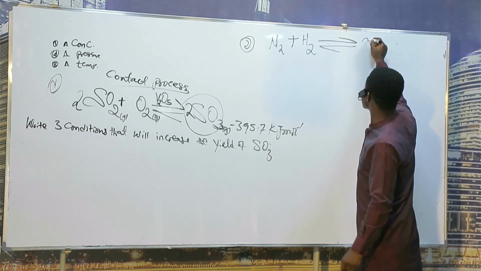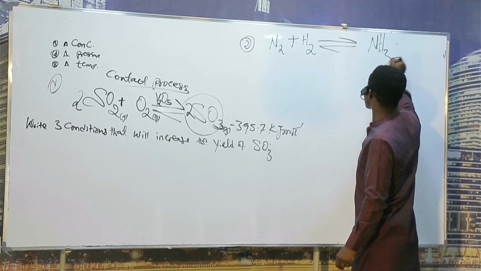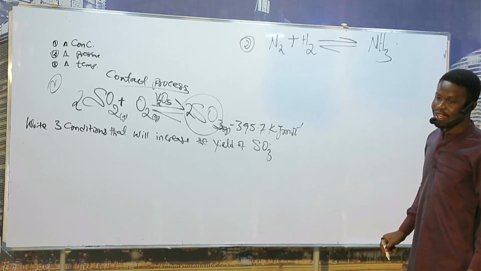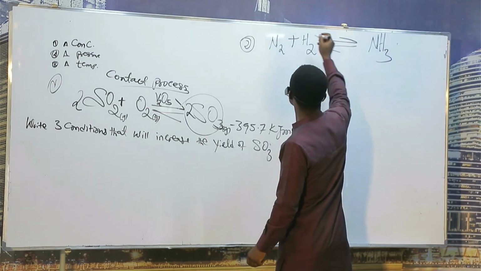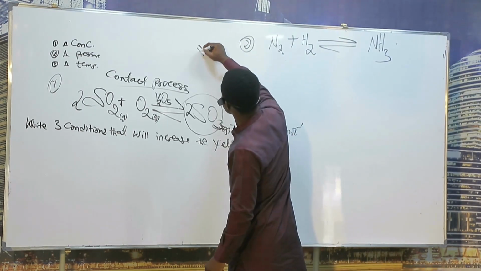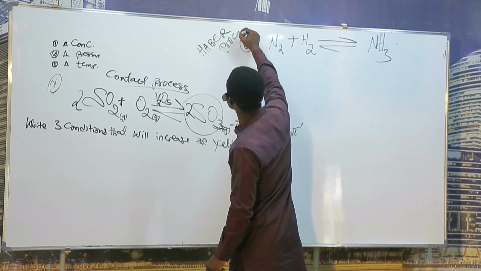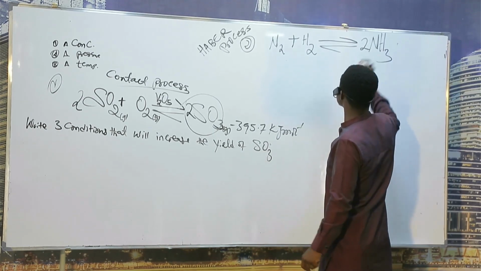They gave us NH3. Is it balanced? What is this process called? This one is called the Haber process. Okay, I'll add 2 here.